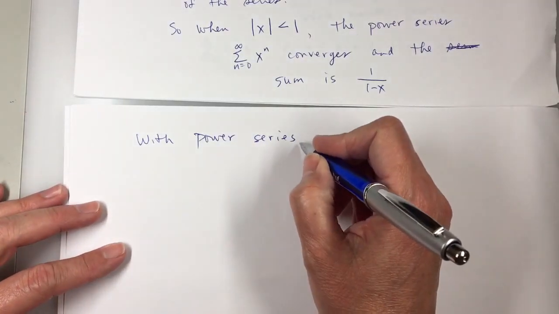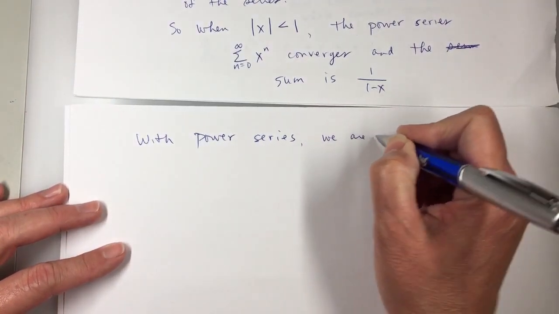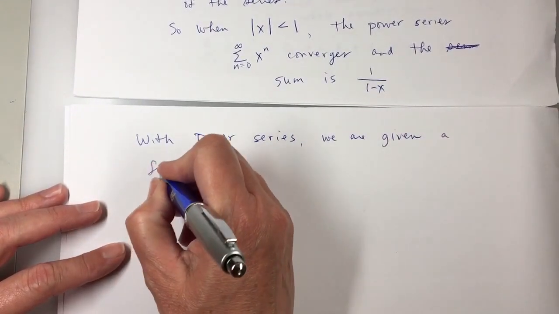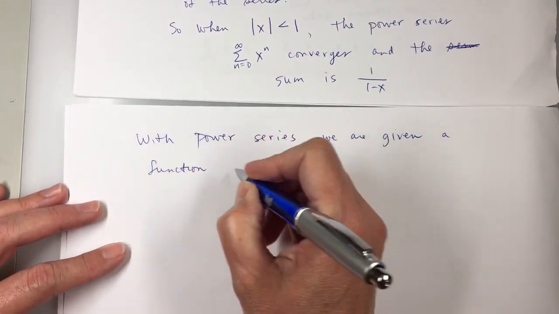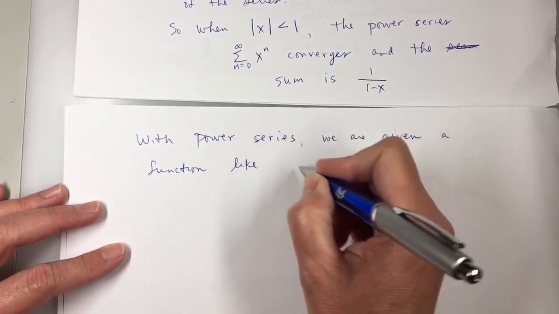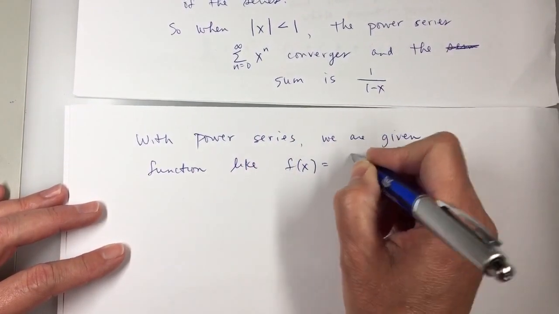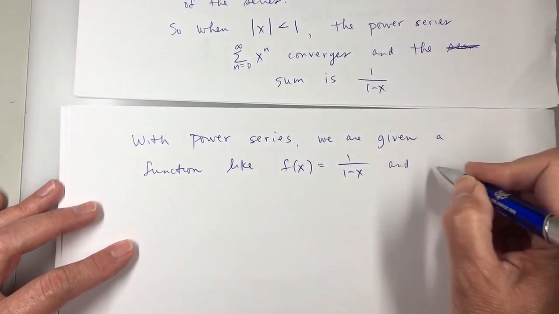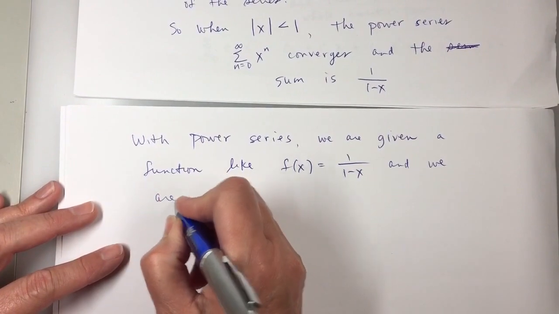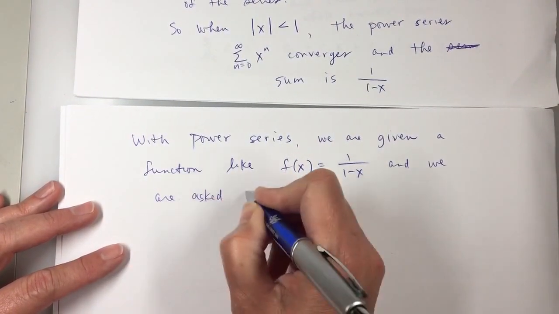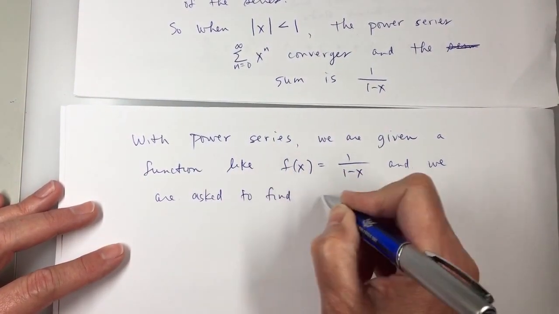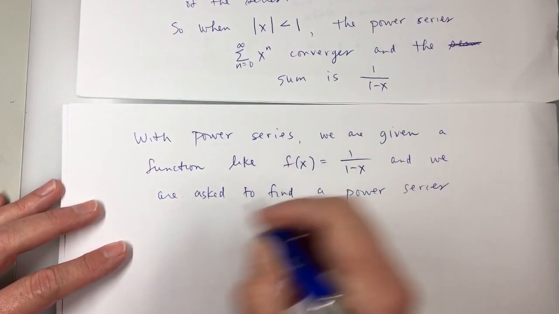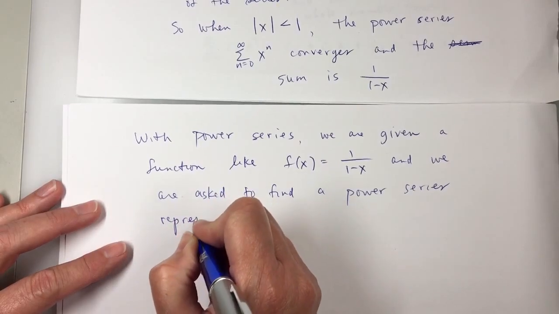So we are given a function like f of x is 1 over 1 minus x, and we are asked to find a power series representation of this function.